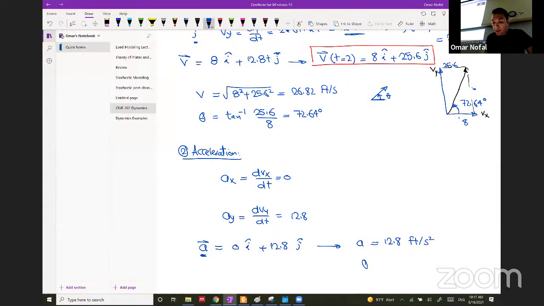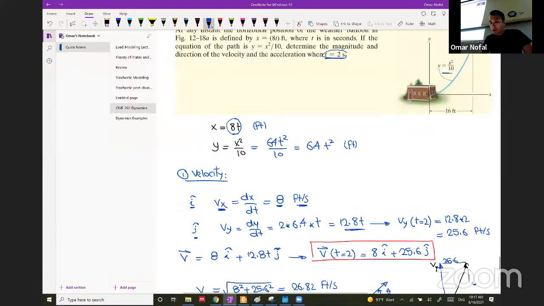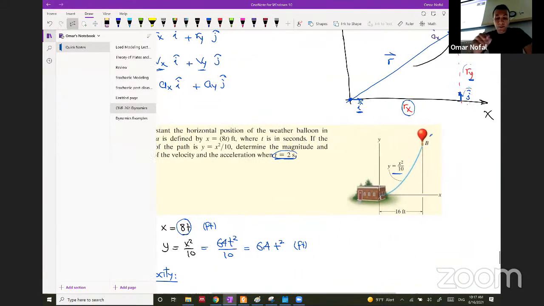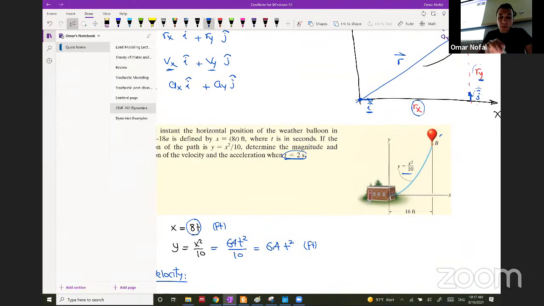And the theta, if you calculate it using tan inverse of the y component over the x component, should give you 90 degrees. You also know that all the acceleration is in the y direction, which means the angle is 90 degrees.